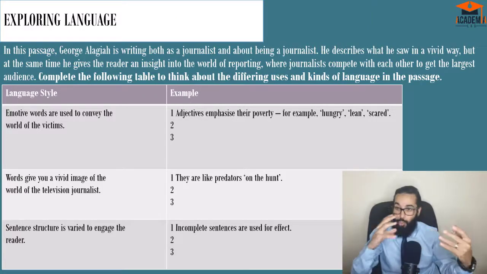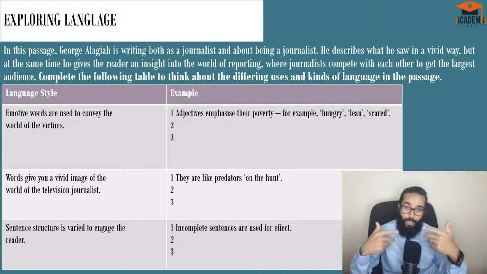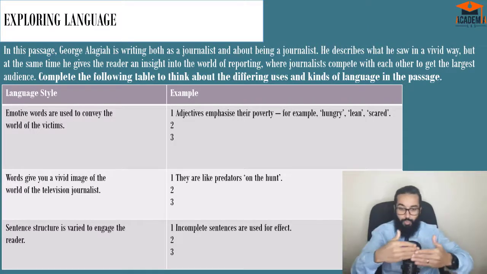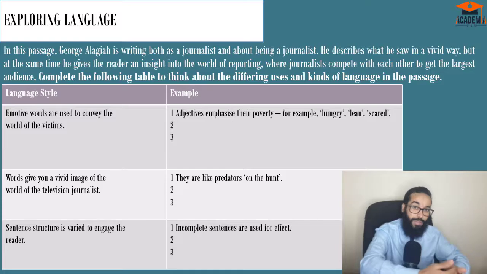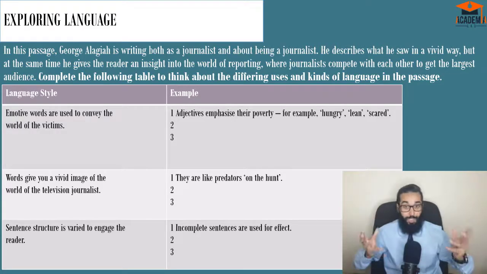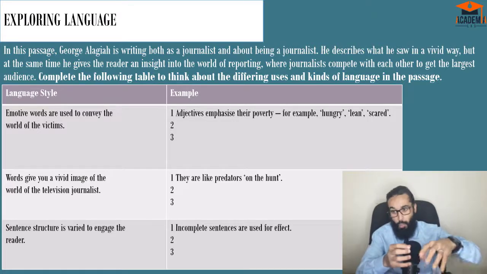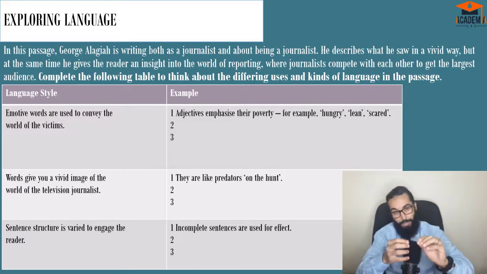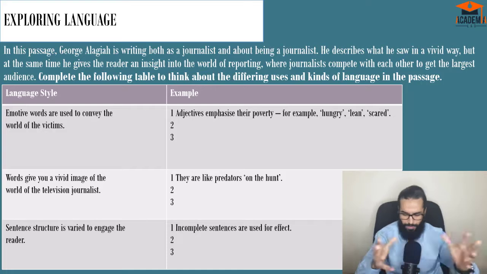Now we've got two sides. George Alagiah has written it as a journalist, and he has written it about being a journalist as well. That's why it's an autobiography about his journey as a journalist and other journalists too. He describes what he saw in a vivid way, everything that he has seen.